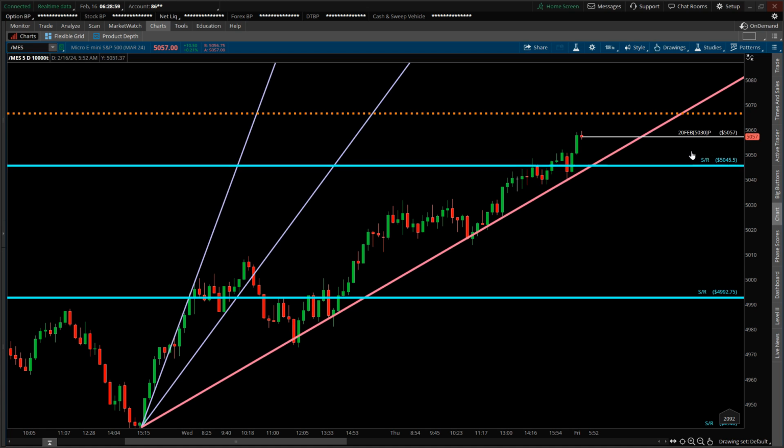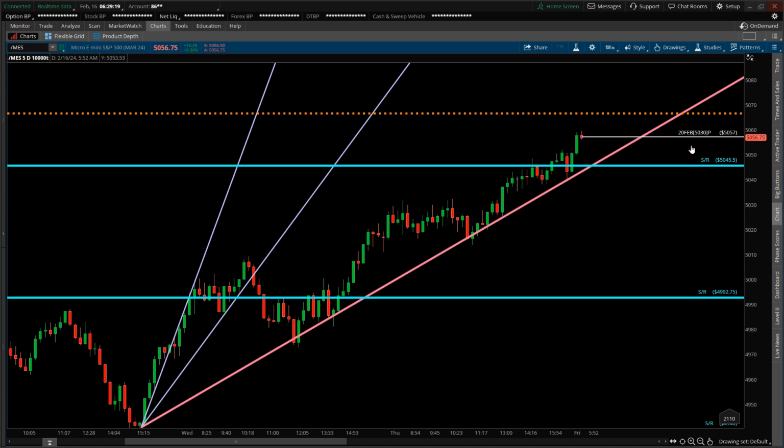And as a buyer of option contracts and bearish, I'm on the put side, and that's what the P stands for. So essentially what this contract is saying is that on or before the close of this Tuesday's trading session, I'm anticipating the S&P 500 futures will be at or below 5,030 points.